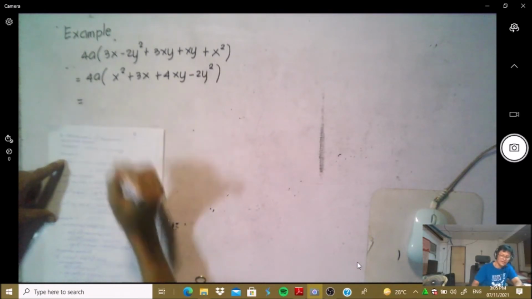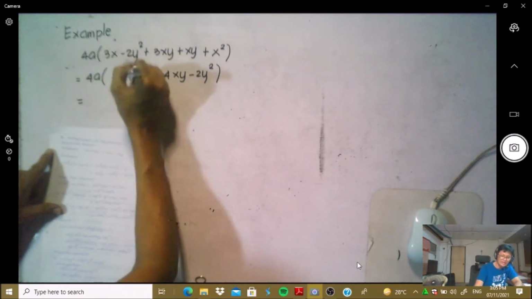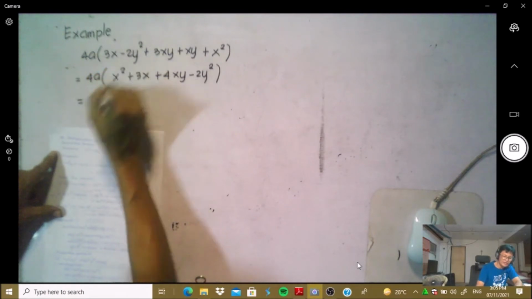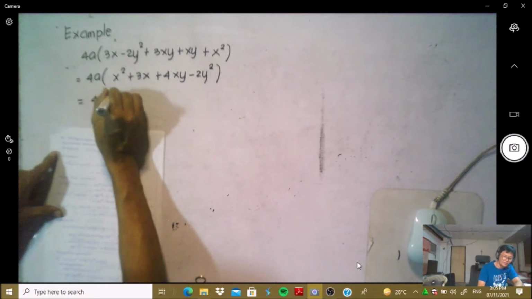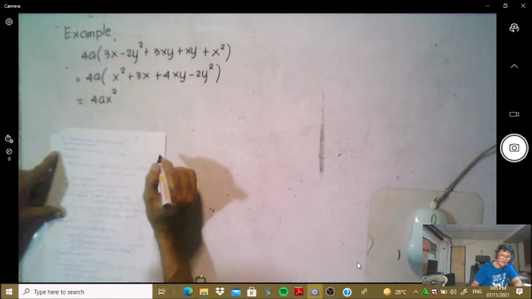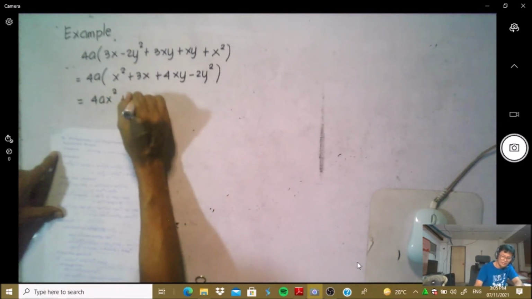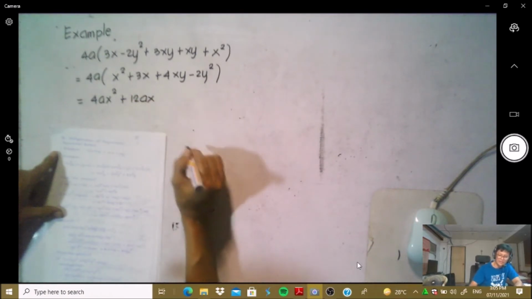Since this is one term only, we can multiply inside directly. So we have 4a times x squared is equal to 4ax squared. Then we have 4a times positive 3x will be positive 12ax. Then next we have 4a times positive 4xy.